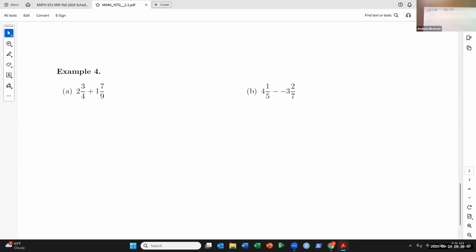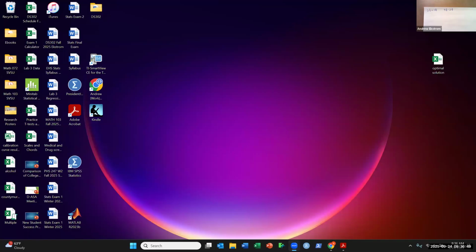To do 2 more of these. So again, if we're going to add these together or subtract these, we have to turn these into improper fractions. So I'm going to have 2 times 4 plus 1 over 4.